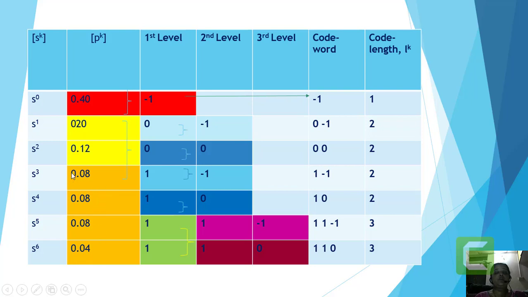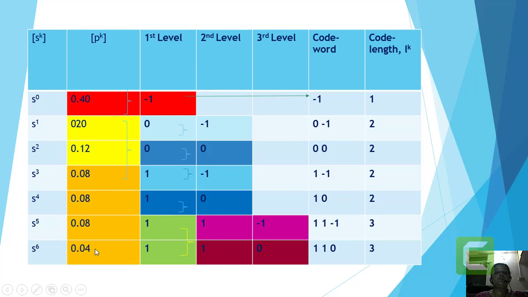Now for this 0.08, in this subgrouping we assign the digit -1. For this other 0.08, we assign the digit 0. And for the remaining 2 symbols, we assign the digit 1 each. Now in this subgroup only one symbol is present, and in this subgroup also only one symbol, but in this subgroup we have 2 symbols.